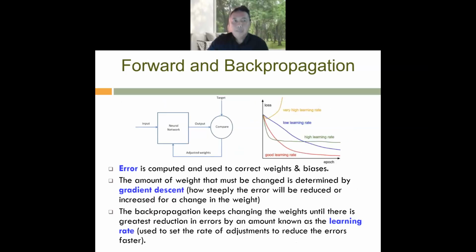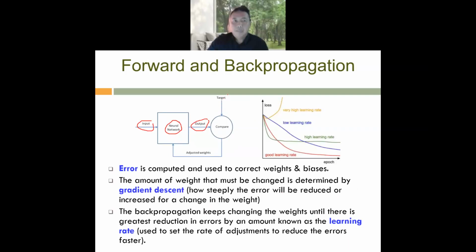Okay, so now we look into the gradient descent from just now. How steeply the error will be reduced or increased for a change in the weight. Okay? So for example, this is your neural network, this is your input, and this is your output.